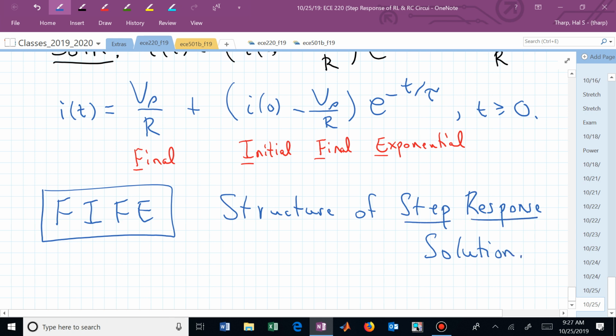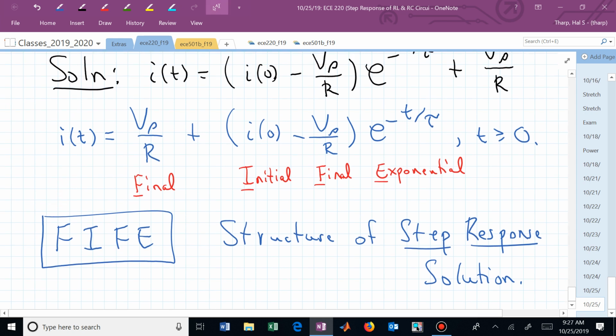That's because we were assuming we were exciting this system with a constant. And now this structure presents itself to us. If I now say, oh, what's the structure of this RL circuit's solution to a step?